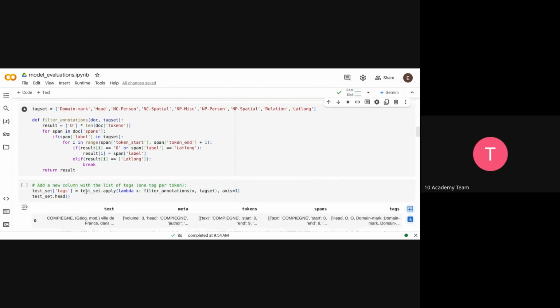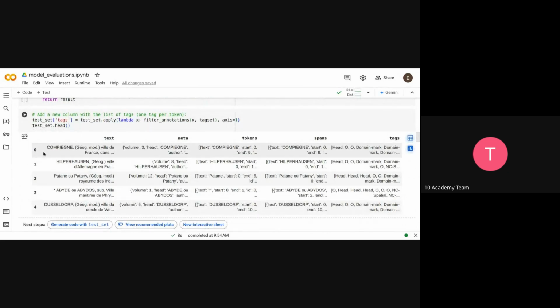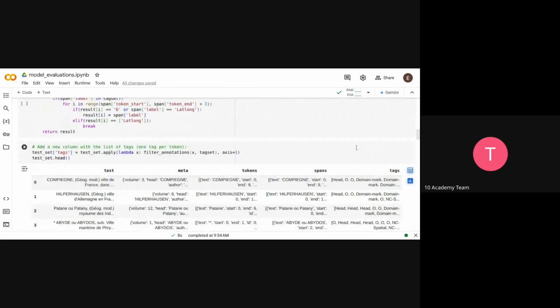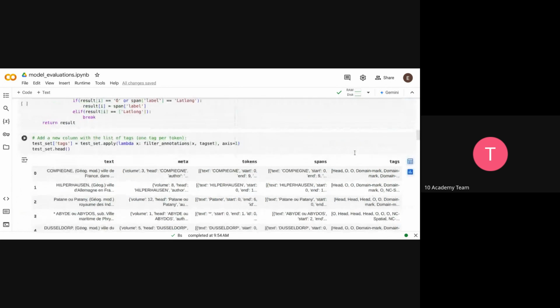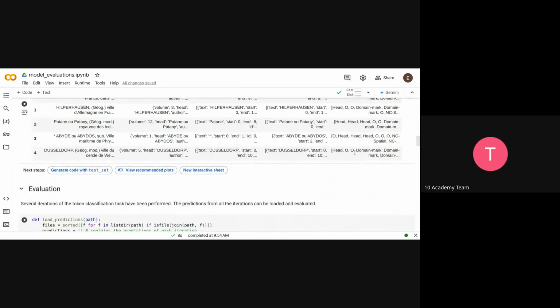The goal of this function is to give me, for each text, a set of tags for each token, just like a list. For each token, it gives me just the label: either whatever tag, or O for outside, so it's a non-label basically.